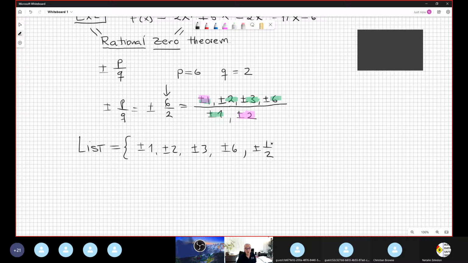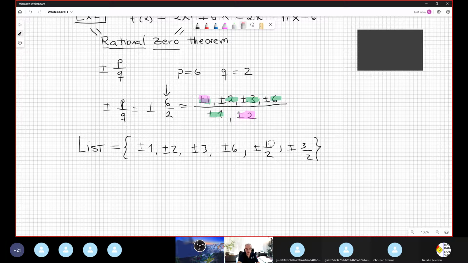Now 2 divided by 2 is 1, but 1 I already have. 3 divided by 2, I don't have, it's 3/2. And 6 divided by 2 is 3, I have. In total, I now have 1, 2, 3, 4, 5, and 6, of course plus or minus. Actually, it's 12 combinations.